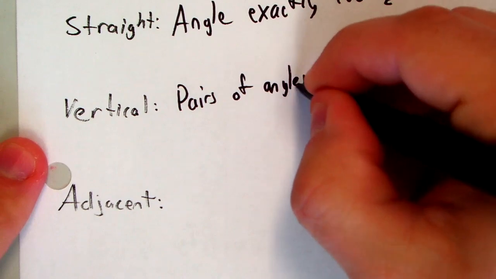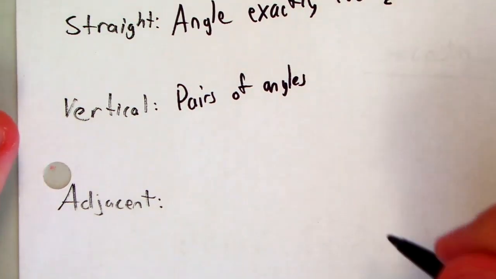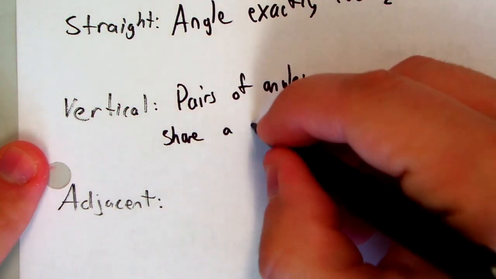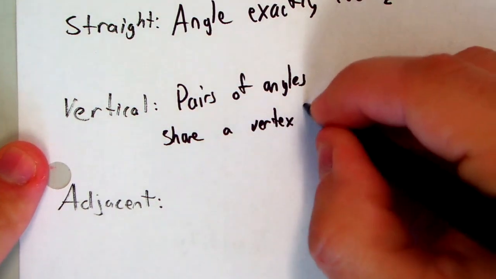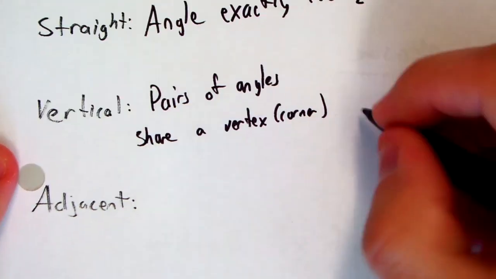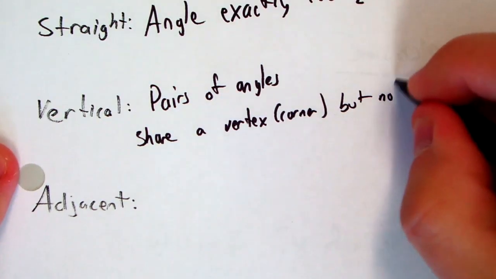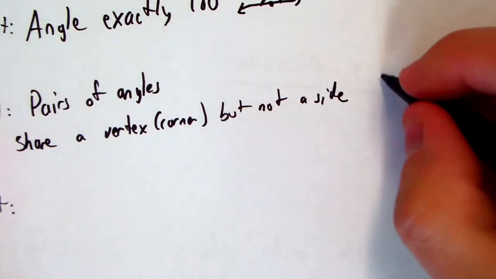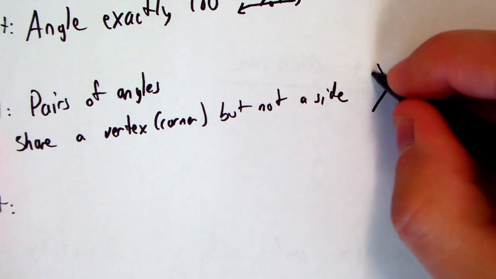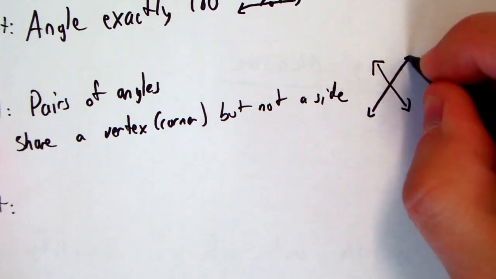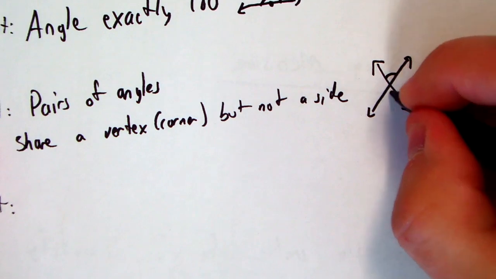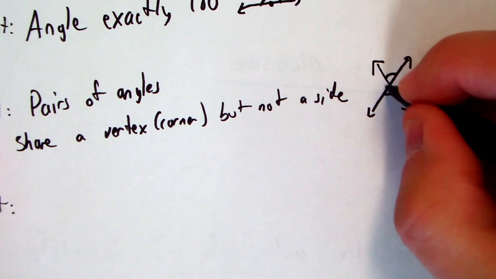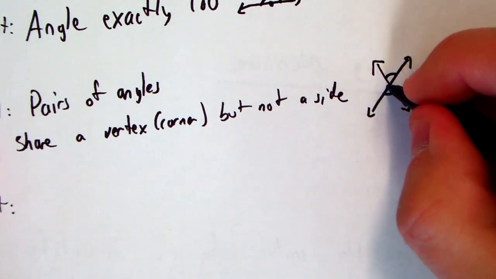And something that's really, really important when it comes to vertical angles is they share a vertex, or the corner, but not a side. So this is what happens when we have two lines that cross. These two angles here share the vertex, but they don't share a side, because this angle is formed by going down and then up.